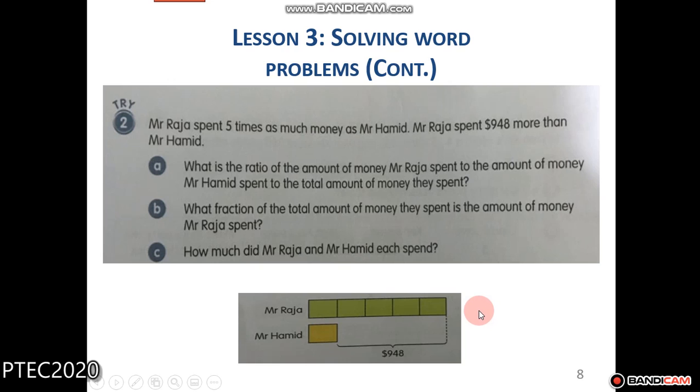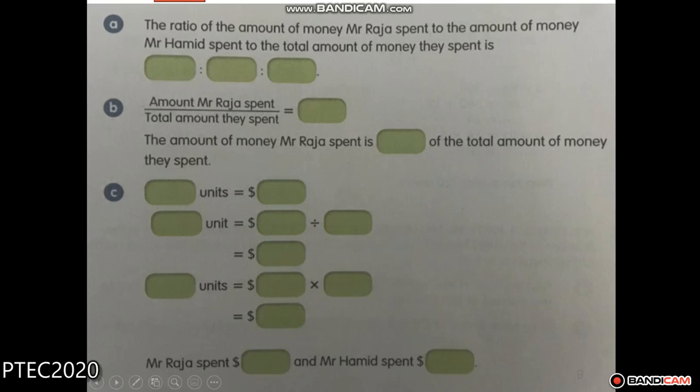Okay, so let's do it together. I think we can answer question A here. What is the ratio of the amount of money Mr. Raja spent? Mr. Raja spent 5 units, to the amount of money Mr. Hamid spent, Mr. Hamid is 1, and to the total amount. So the total is 6, right? That is a very easy one.